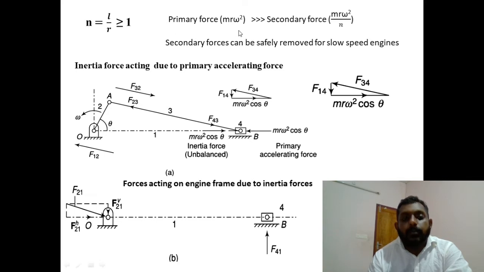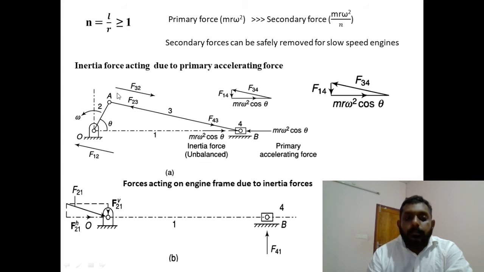So the secondary force is very small compared to the primary force. So the secondary forces are not considered in the case of small speed or slow speed engines. But in the case of multi-cylinder engines with higher speed, we have to consider the secondary forces also. For small engines, we are not considering the secondary forces.